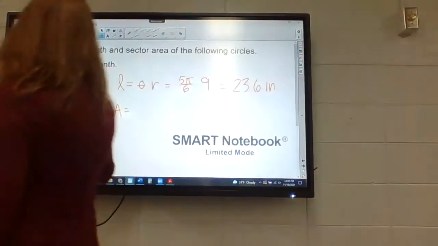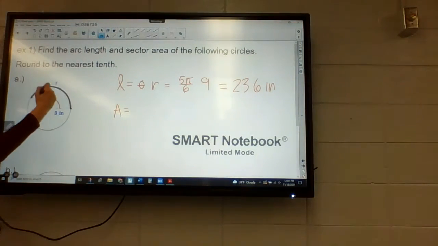Now again, if this was a slice of pie, then we want the area. I shouldn't have colored over the angle. We want the area. So now with the area, that formula is a little more complicated. That's 1/2 r squared times theta.